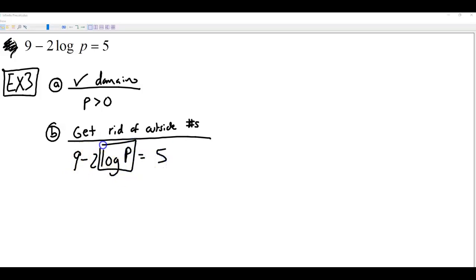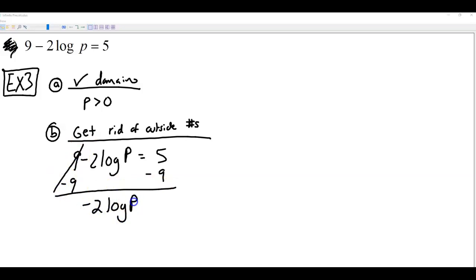I want to get this log p all by itself. So I need to get rid of the 9 and the 2. So the first thing that we're going to do is move this 9 over like that. The next thing I'm going to do is divide both sides by a negative 2. That way I have this.